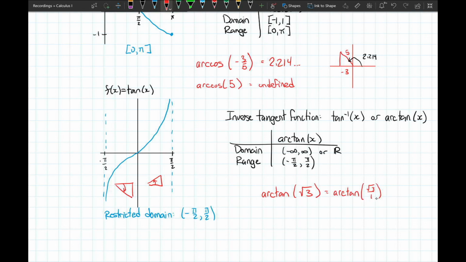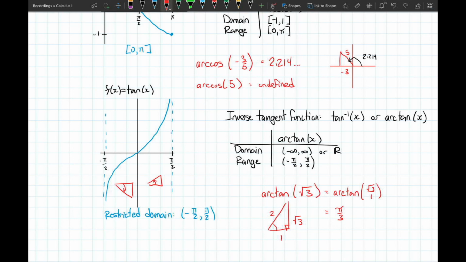Remember that arctangent of a positive number, we're only looking for angles in quadrants 1 or 4, so it had better be in quadrant 1 if you want it to be positive, with an opposite side of root 3 and an adjacent side of 1. And I haven't drawn that to scale. It's going to probably look a little better if I actually try to make it look more to scale. And what's that angle? In quadrant 1, that angle is pi/3 because it's a special triangle. And there you go. That's how you can use the arctangent function in order to reverse the operation of taking tangent of an angle.